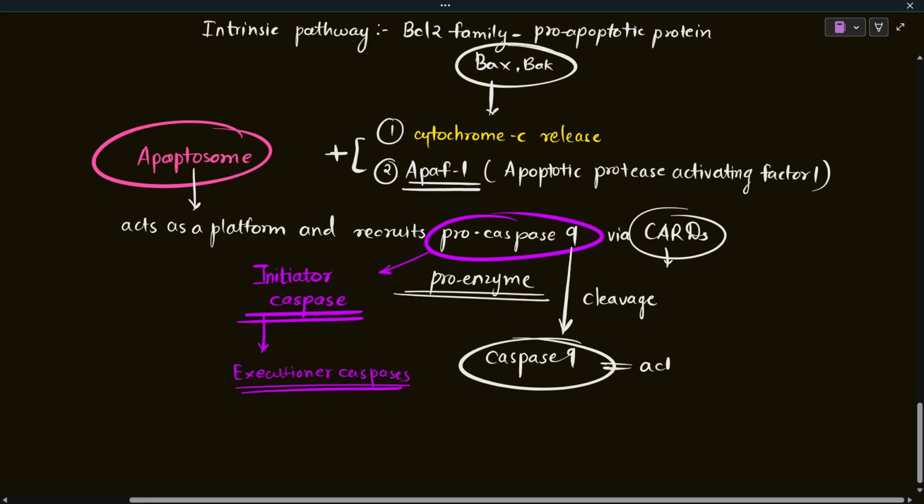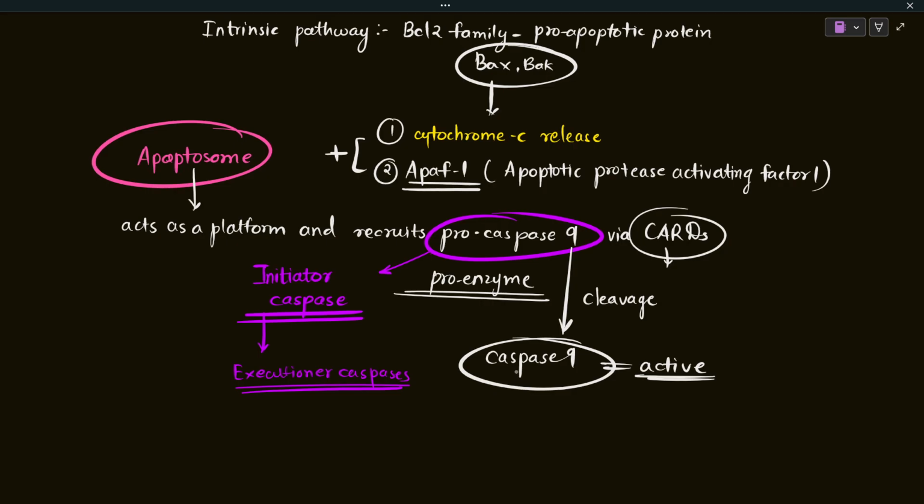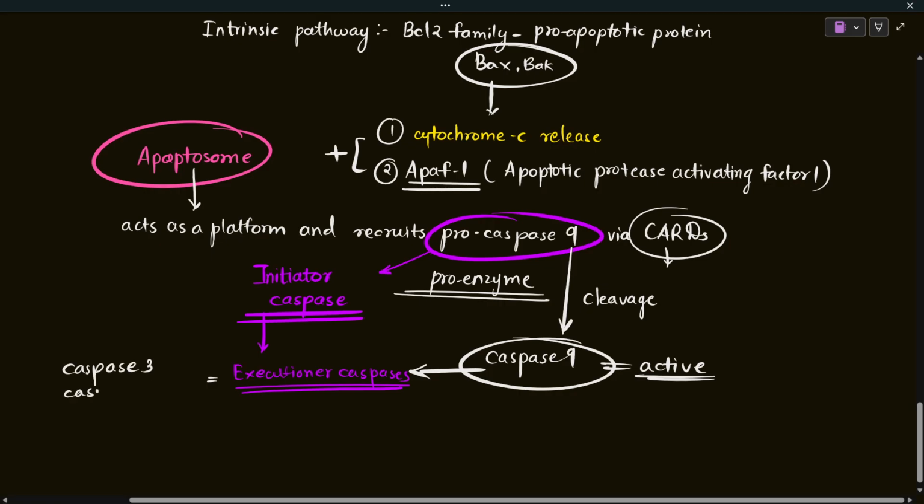This is the active form of the enzyme. Once caspase 9 gets activated, it recruits the executioner caspases, which are caspase 3, caspase 6, and caspase 7. These are the executioner caspases which are going to do the proteolysis.